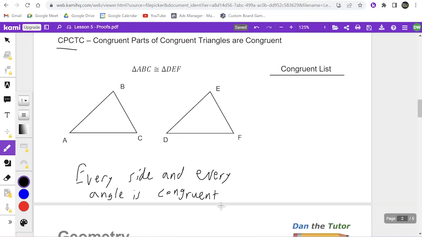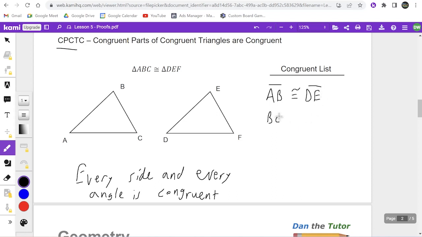That is some of the sloppiest handwriting I've ever seen in my life. I apologize. Every side and every angle is congruent, which means let's give a list of things that are congruent right over here. So you've got line segment AB is congruent to line segment DE, like that.